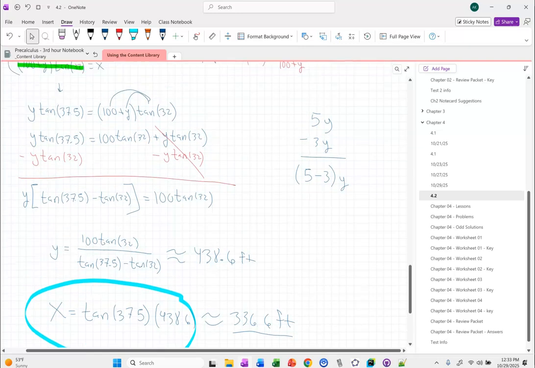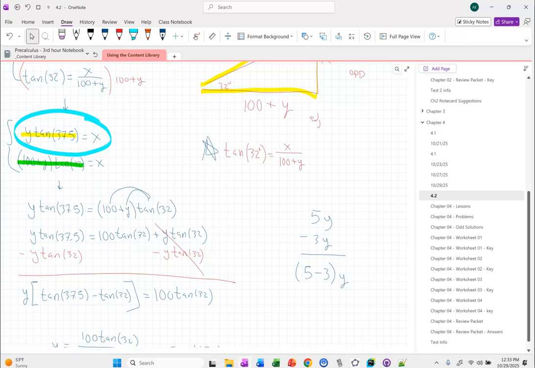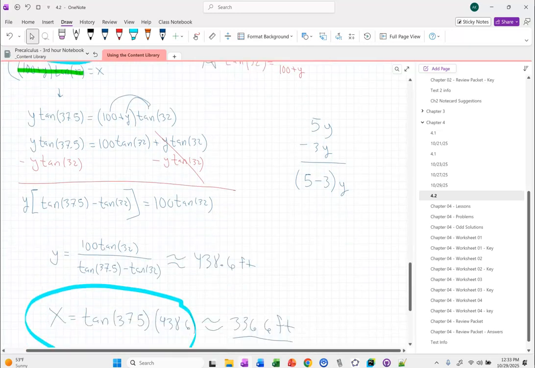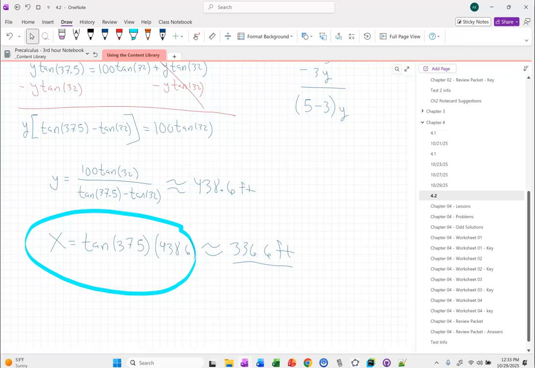This is an equation for x. That was one of the equations that we had. I just took that one. Anything with an x and a y in it will be fine. Is it done now? It is done now. Yes. 336.6-ish.